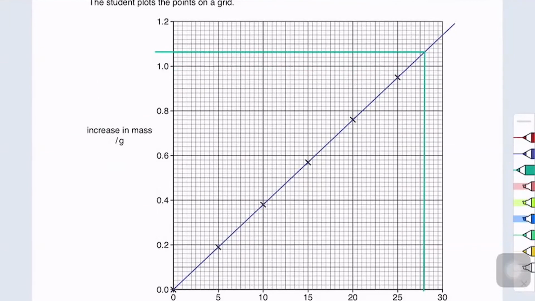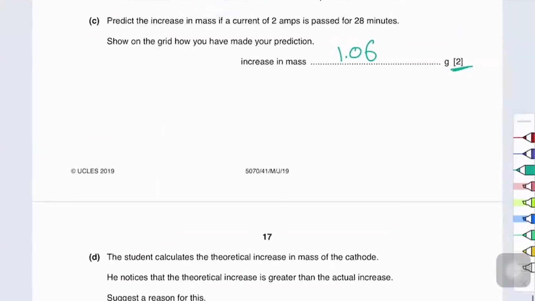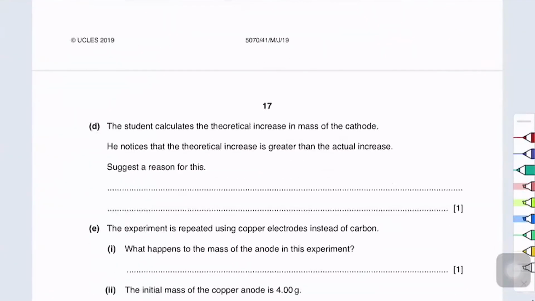Then, because I've shown them that I drew the line of best fit, the number of points above and below the line are the same, and I've drawn the green line as well, this shows the examiner that I know what I'm doing. And then it gives him very little leverage to take marks away. So that's why I will get 2 marks, even if my answer is 1.06 and their answer is 1.07.